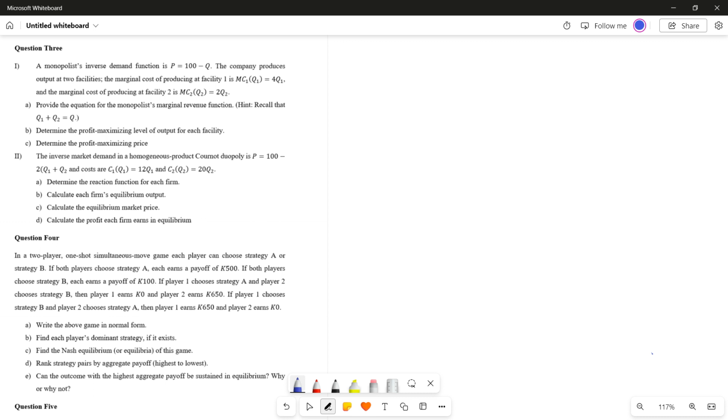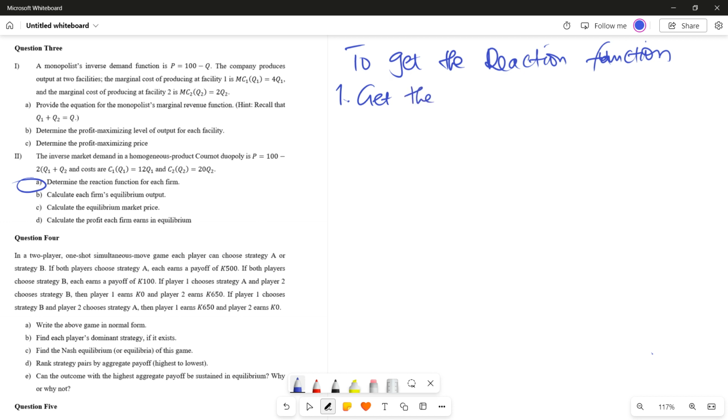So when you find yourself in such a case, you have to get the inverse demand function. Why? Because to get the reaction function, step number 1, get the total revenue function. Okay, so can you get the total revenue function?